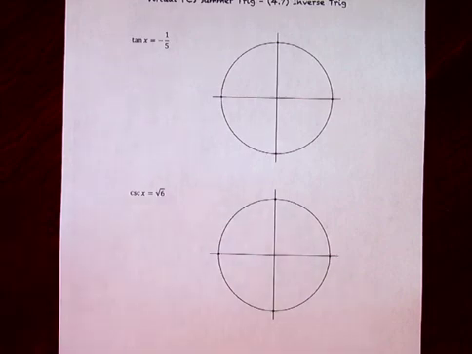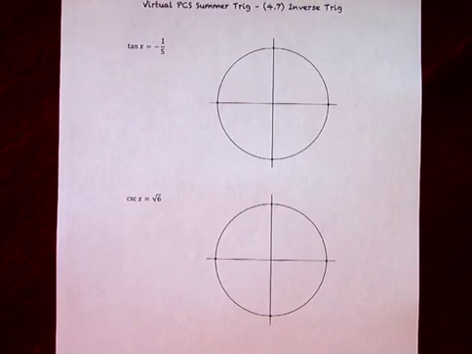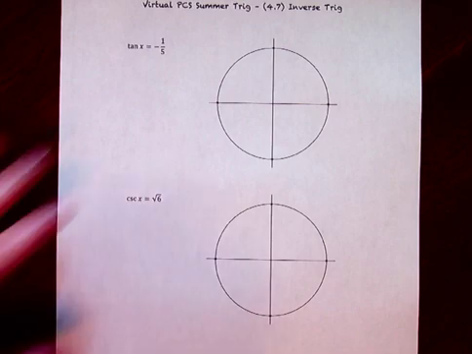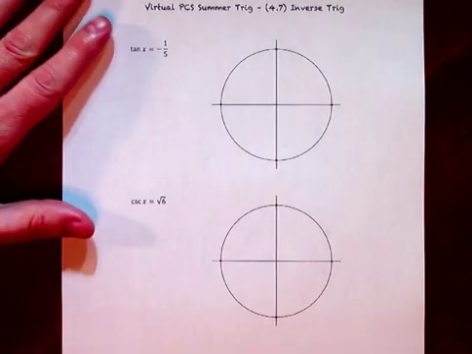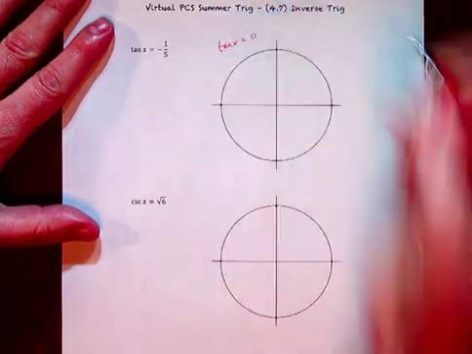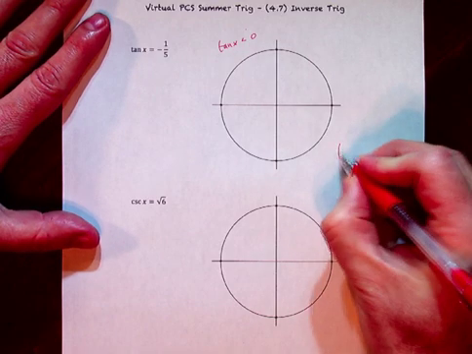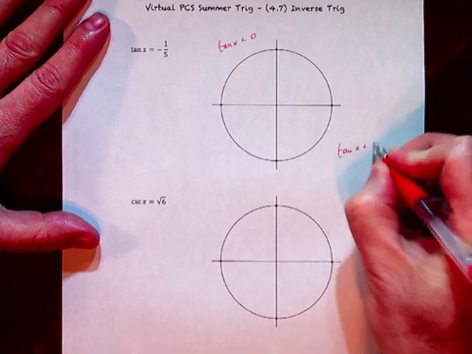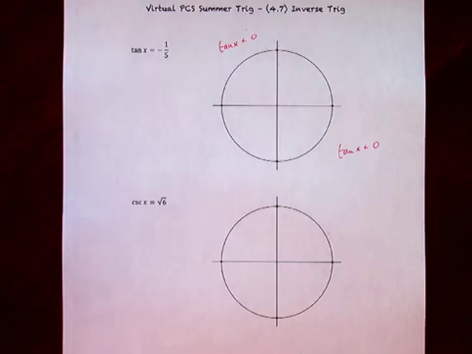Tangent x is equal to negative 1/5. Well, remember that tangent is neither the horizontal nor the vertical on the unit circle. But I know that tangent of x is negative up here in the second quadrant, and tangent of x is negative down here in the fourth quadrant.